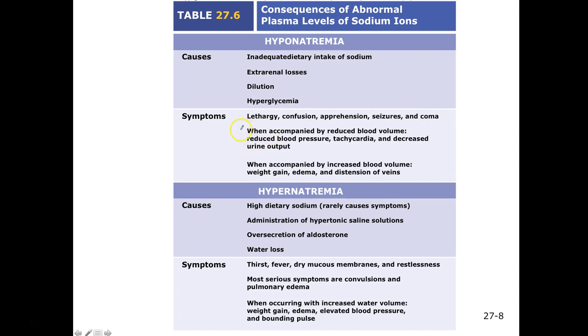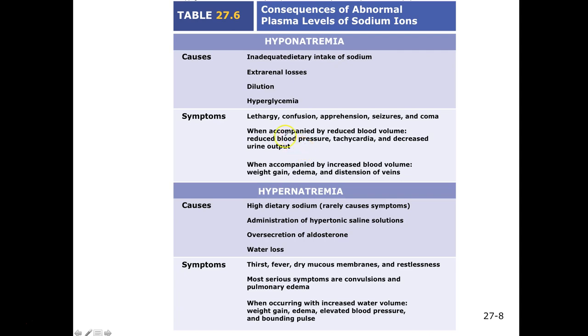So then it says, when accompanied by reduced blood volume, we have reduced blood pressure, tachycardia, and decreased urine output. That makes sense because we are having our kidneys trying to keep our sodium within our blood, and so we want to keep our water as well.